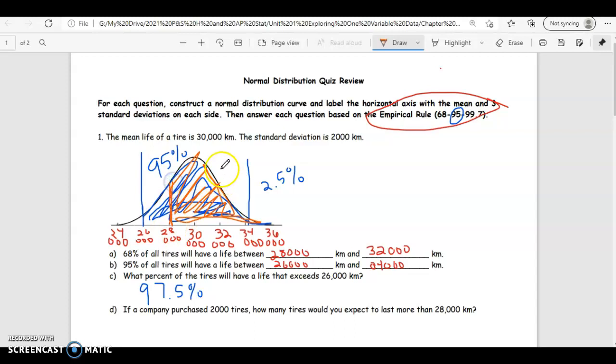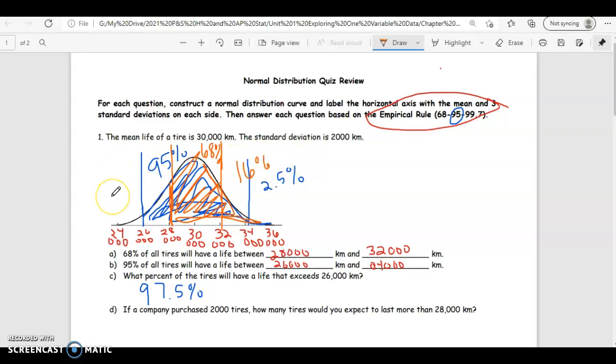If I know this from 28 to 32, I know this middle orange section is 68%. Now that tells me if the whole thing's 100, well, 32% is left over on either side. So that means I need 16% right here.